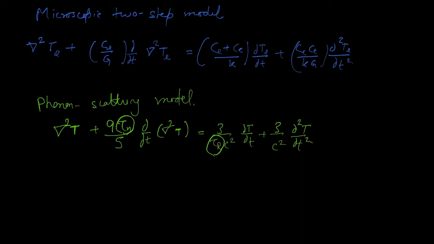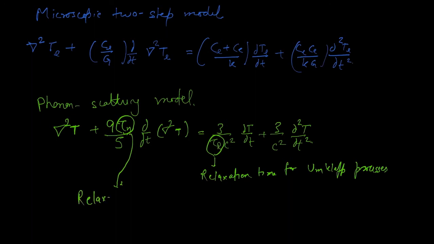What these two constants are: one is called the relaxation time of Umklapp processes, and this τ_N is the relaxation time for normal processes.